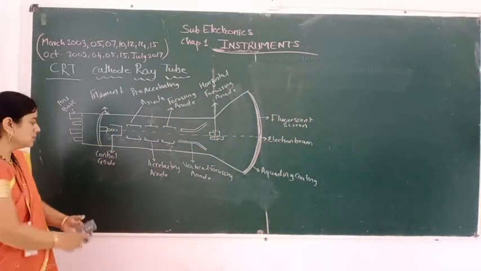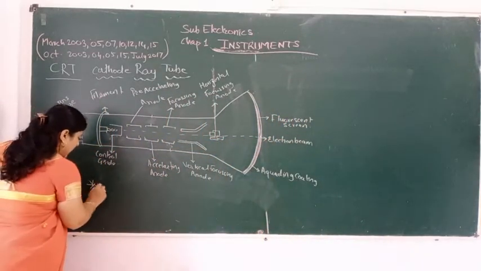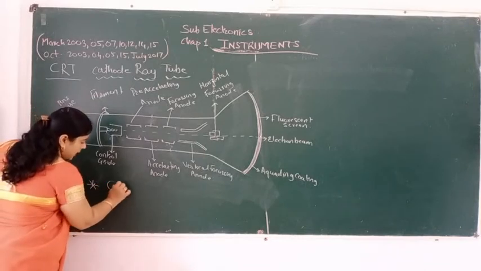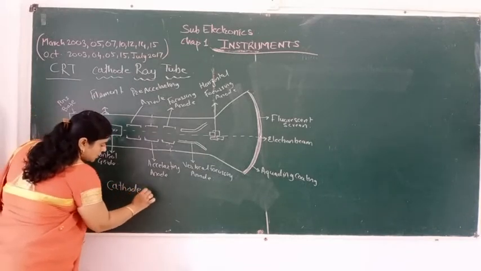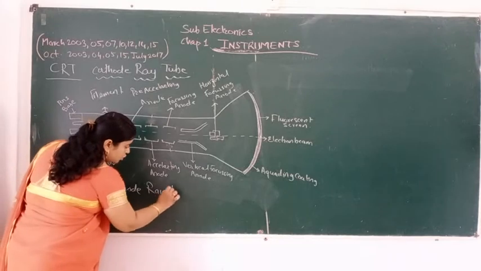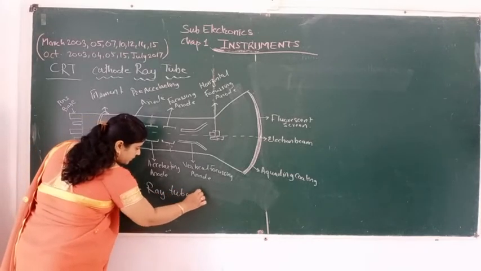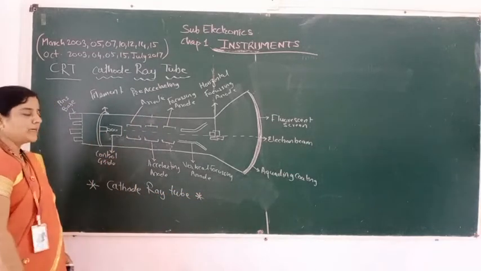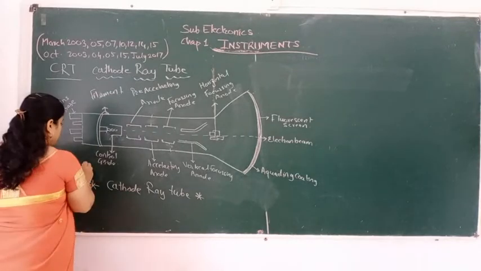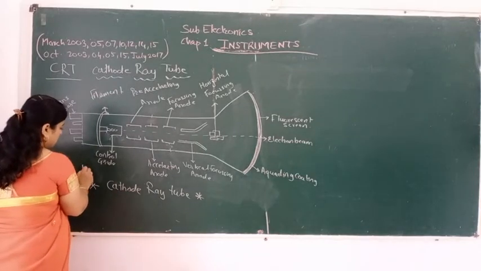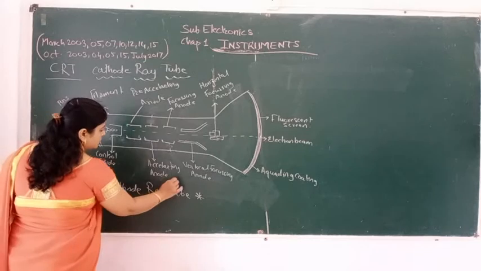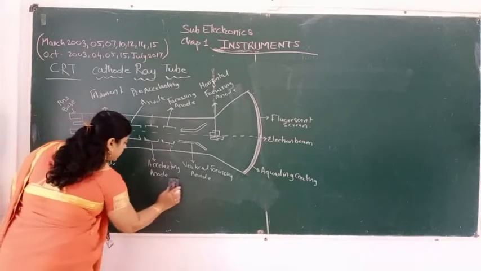See, this is the diagram for the cathode ray tube. How many parts are there? From here to here, I'll write it later on.